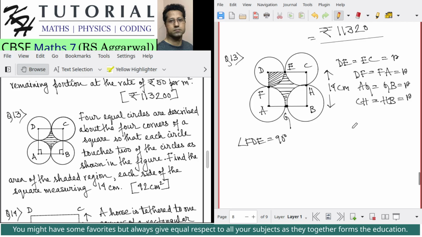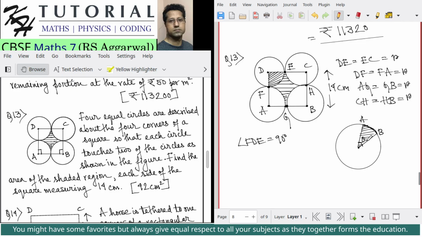So please note that I have already discussed what a sector is. If we have a circle, and there is an arc, let's say A and B are the endpoints of an arc, and the arc is making an angle theta, then this entire region is a sector, and this sector is said to have a central angle.